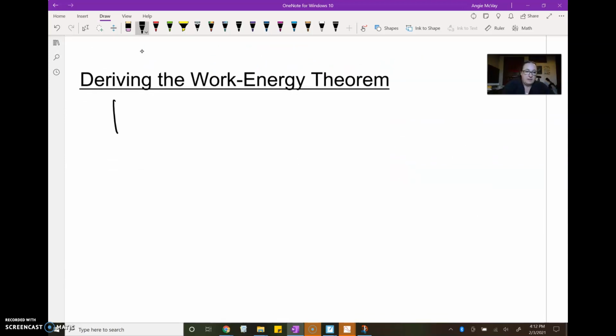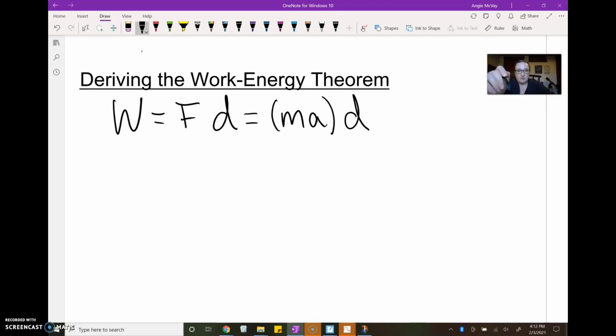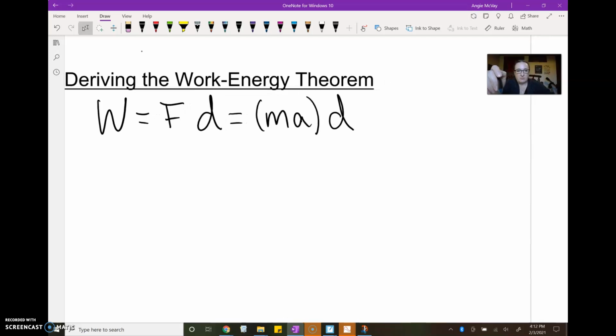All right, so again, we've got work equals an unbalanced force times displacement. We can do several things here. Force we can write as ma, F net equals ma, times displacement. And what is that displacement caused by?